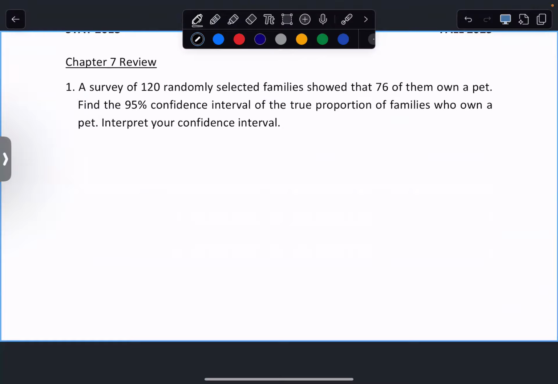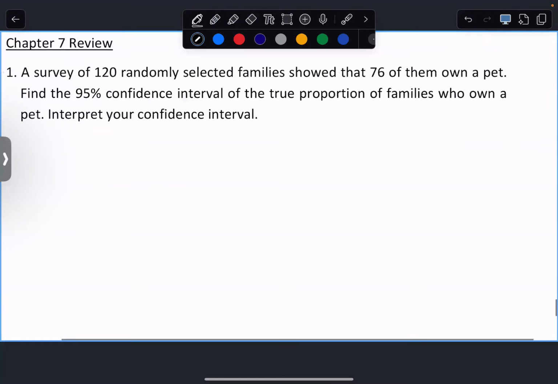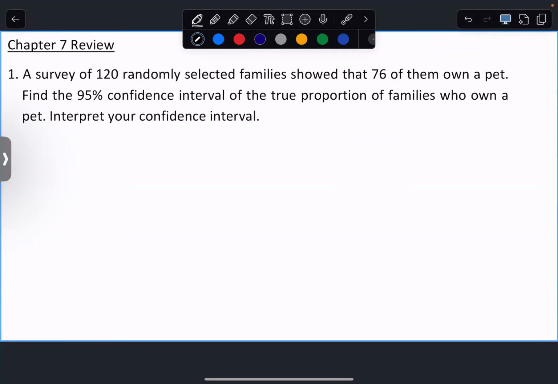Find a 95% confidence interval of the true proportion of families who own a pet. Interpret the confidence interval. So with this one, we need to identify what 120 is and what 76 is, right?